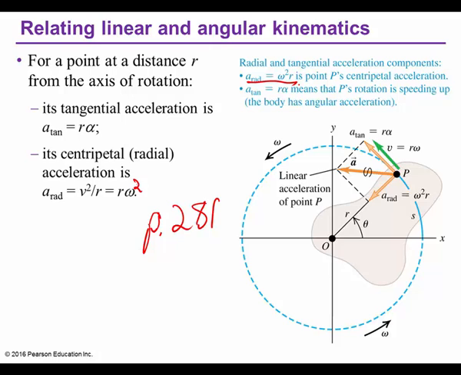Yeah, overlooked it there. All right, so we've got centripetal or radial acceleration, and that's what? Center seeking, right? Towards the center. Why does the water stay in the bucket when you spin it on a rope?